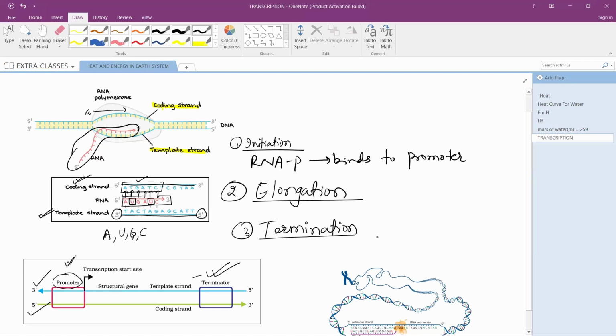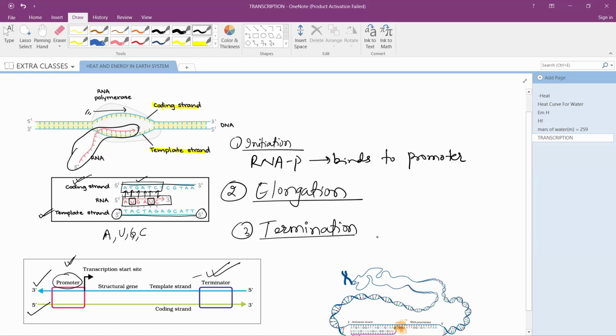The third important point is that in prokaryotes, transcription and translation occur simultaneously. Can you tell me why? I don't know.